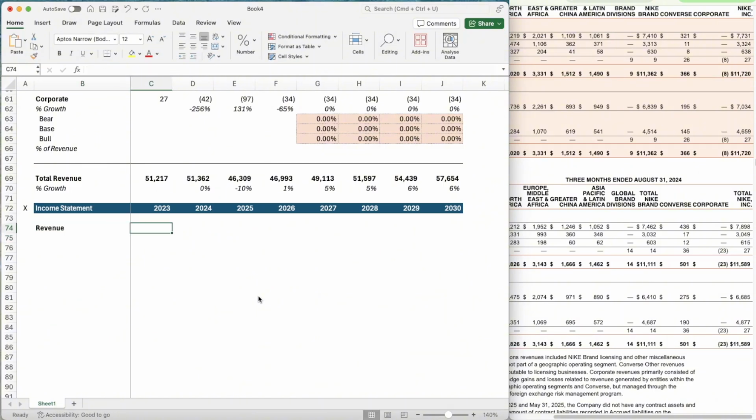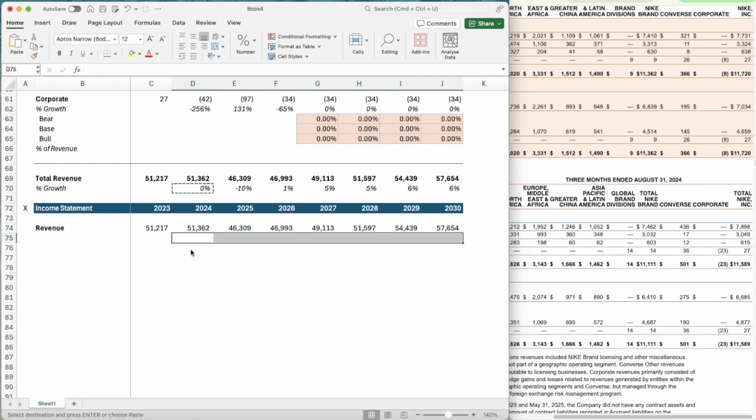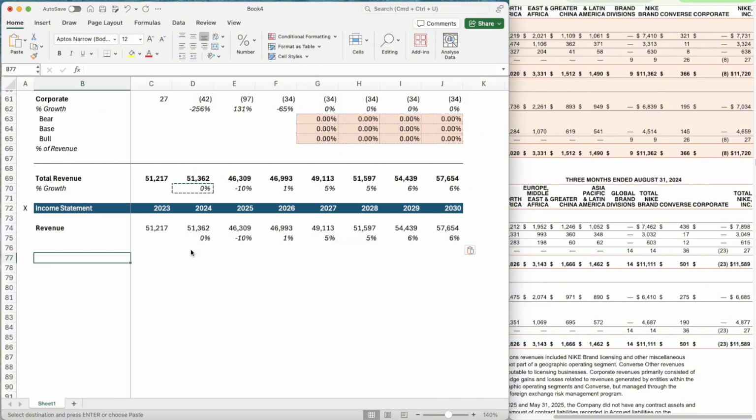Okay, so you go revenue, make it equal to total revenue. It's important to always make this equal to this, especially as we're going down, because that way everything can link up dynamically or sync dynamically, whichever way we want to look at it. There we have it. Next we want percentage growth.